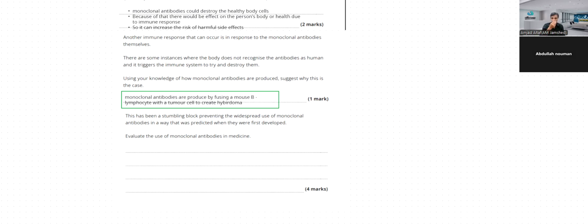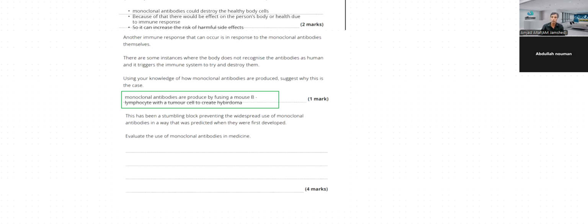Because of the immune reaction, we have mentioned before as well. Human antibodies are proteins, so the body may recognize them as foreign.